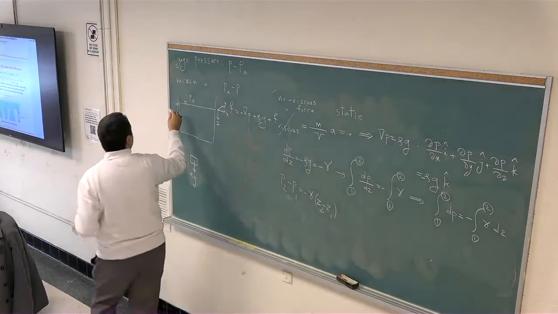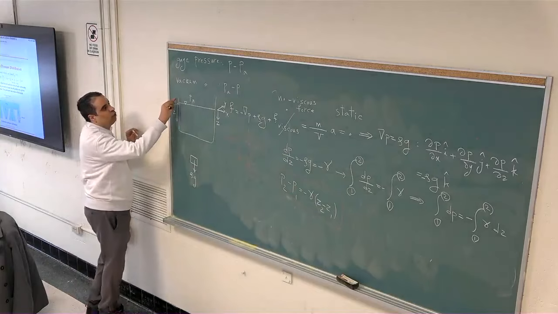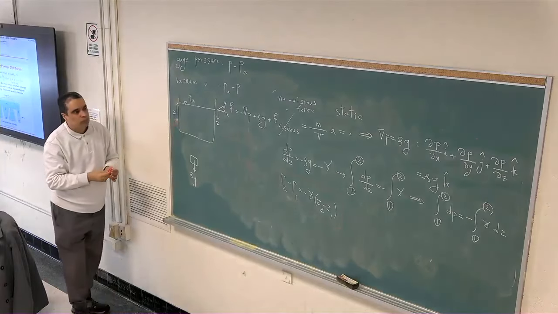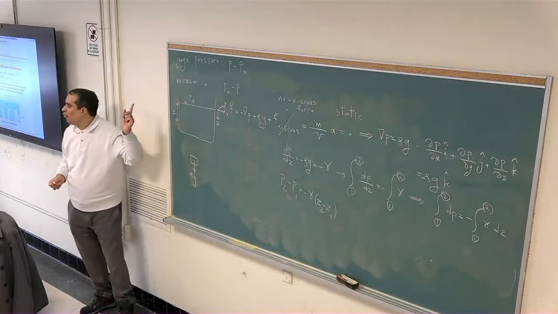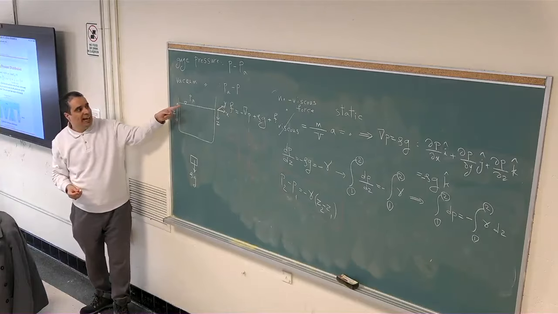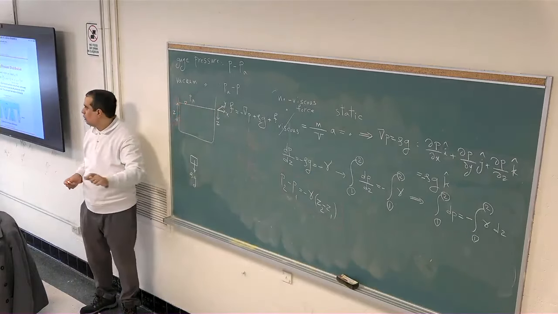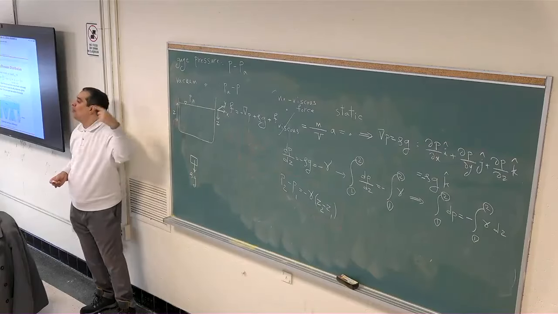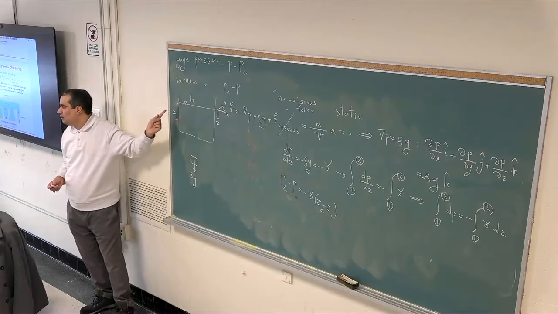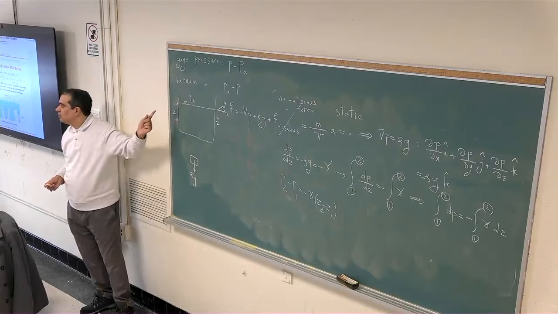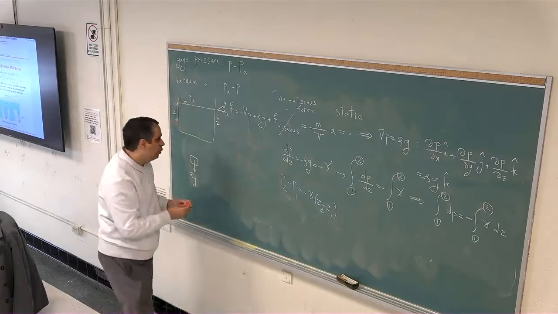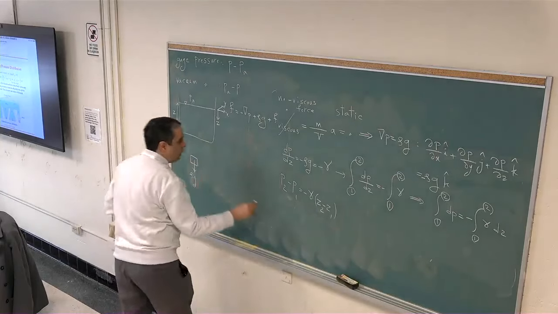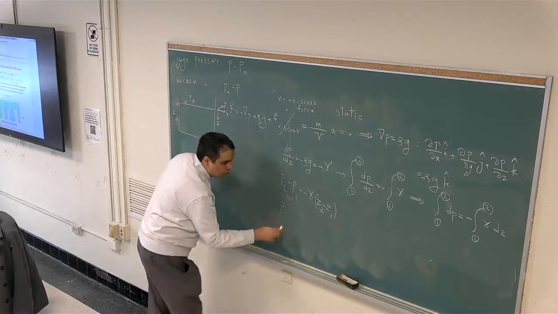So if I put here 1, here 2, how much is the pressure at 1? And I put the axis at 1. How much is the pressure at 1? Atmospheric. How much is Z at 1? 0. You are correct. So for this one, 2 is here.